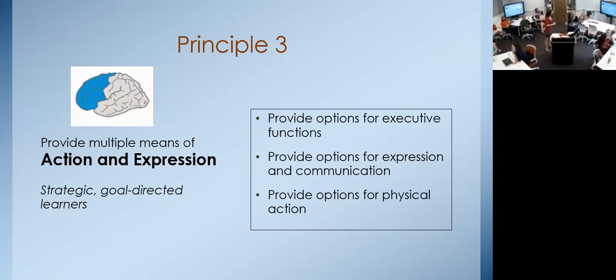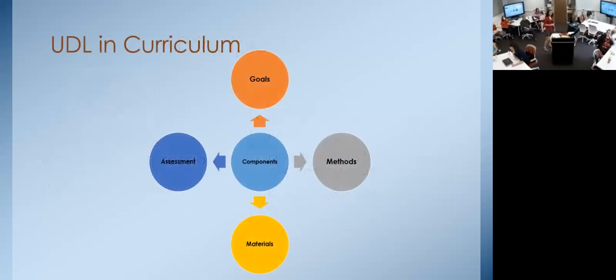So are you providing flexibility and options for them to engage with the material in other ways besides auditory and visual? So that's the physical action part. And of course, the executive functions are higher order functions of planning and processing material. And what ways are you giving them to engage with it through their actions and also show you what they've learned? So this is where I'm going to take over because it's curriculum based.